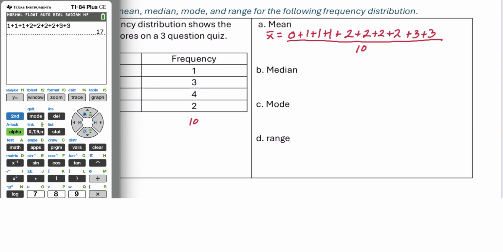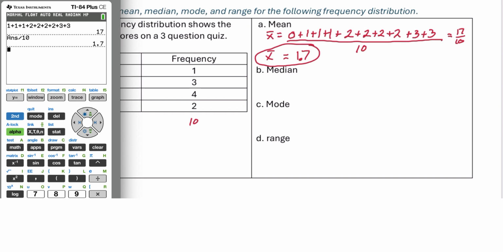We get 17 over 10. 17 divided by 10 is 1.7. So it looks like the average, or the mean, is 1.7.